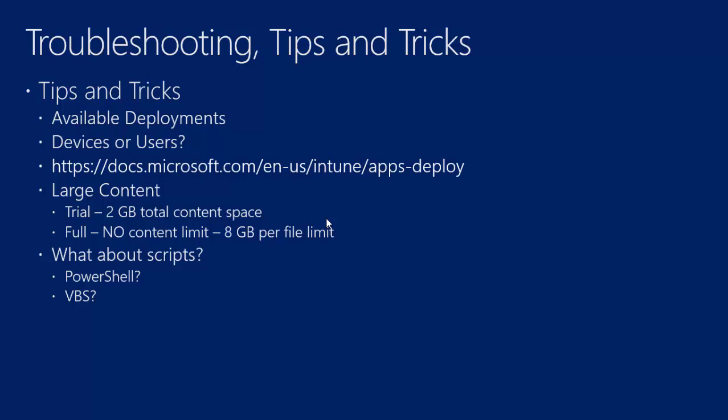Because when it's available, that means the user has to go initiate it, and users only see what's been targeted to them through the company portal. If you're targeting the device, it's not going to show up in the company portal, so the user can't kick it off. If you want it to be available and the user to kick it off, it has to be targeted to the user.